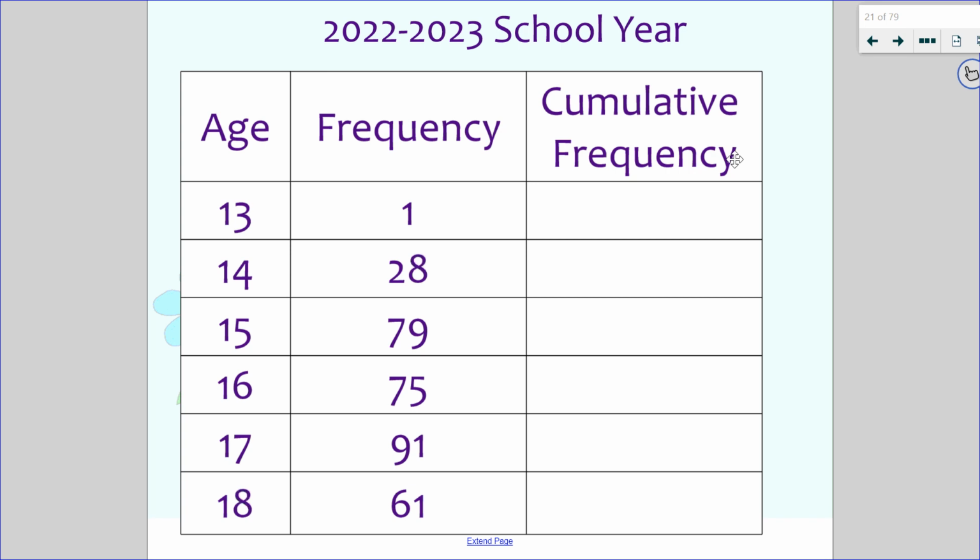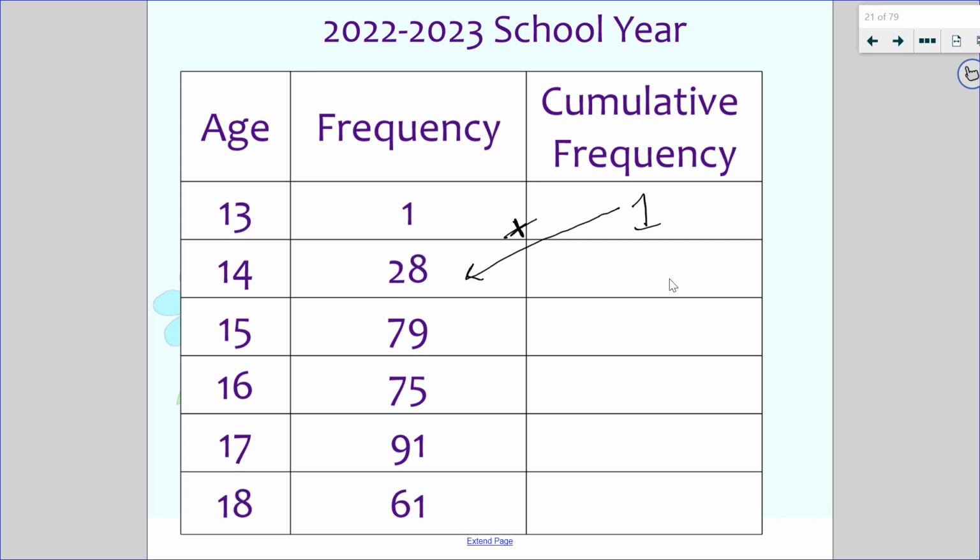So when I calculate the cumulative frequency for 13-year-olds, only one student is 13 and younger. But if I'm then going to calculate the number of students 14 and younger, what I have to do is take the 1, add it to the 28.